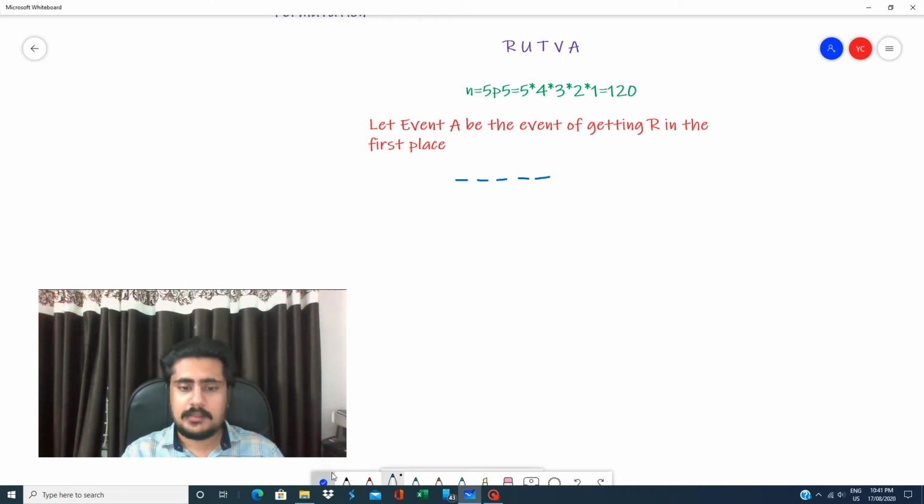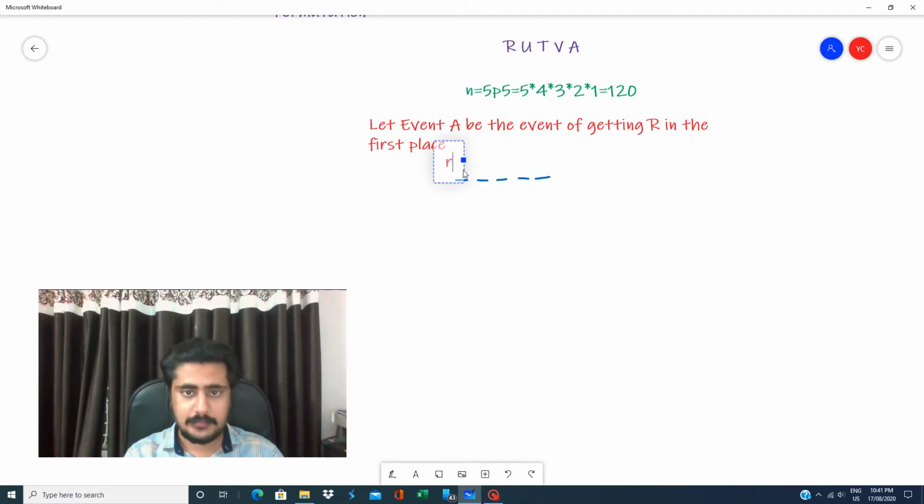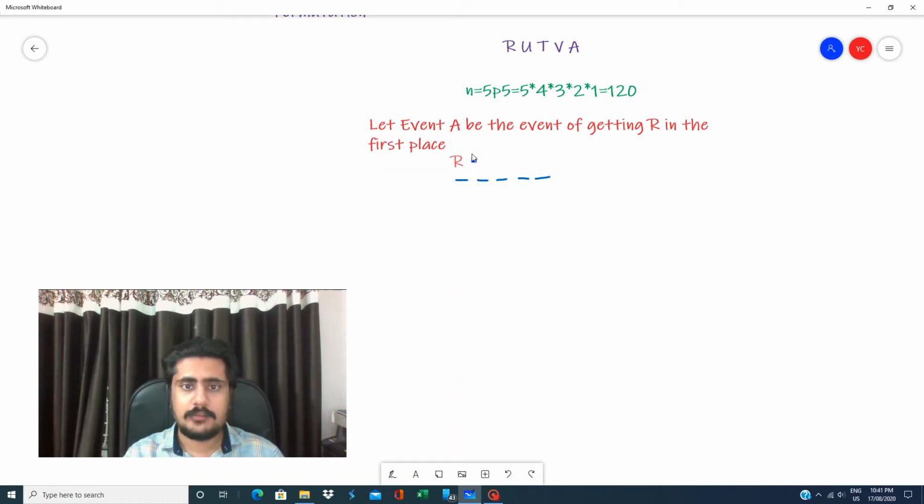You are asked to put R in the first place. So the possibility of putting R here is 1p1. One letter R and first place, that is one place. So one letter and one place, that is 1p1.